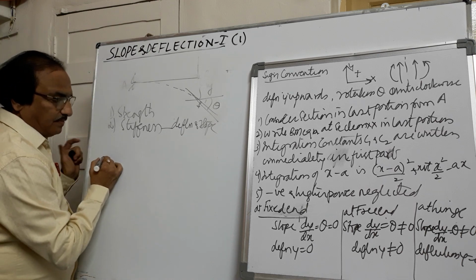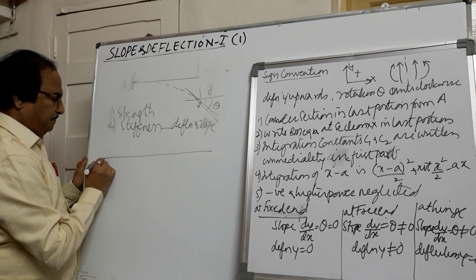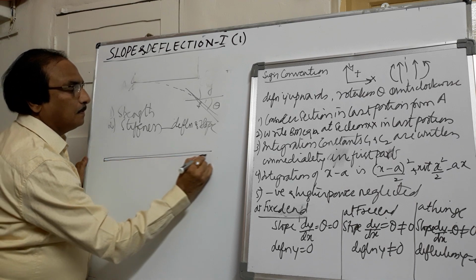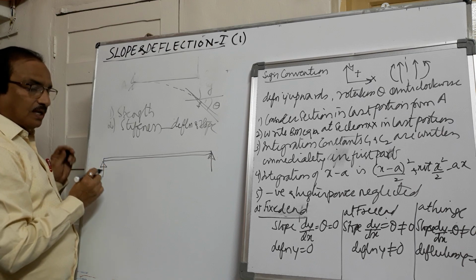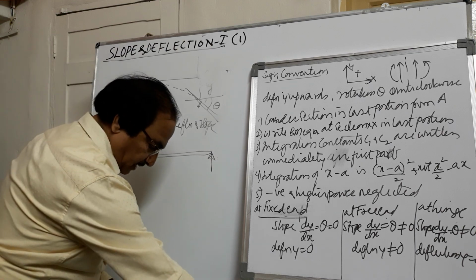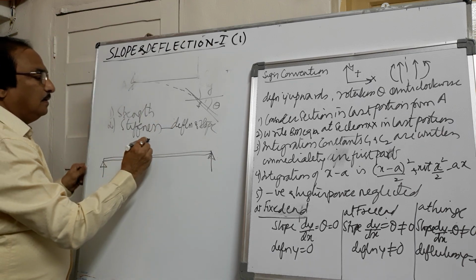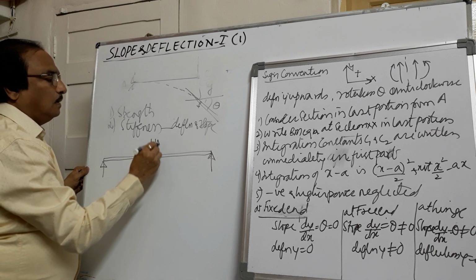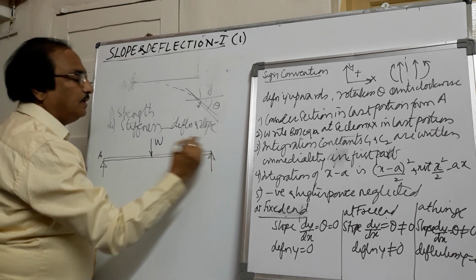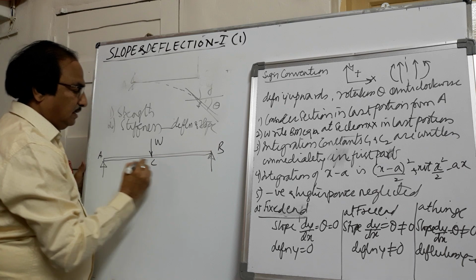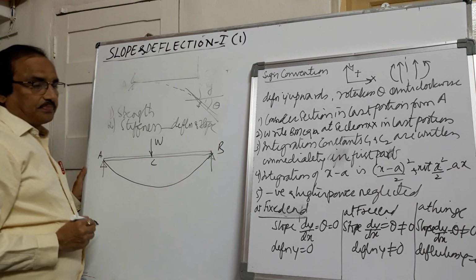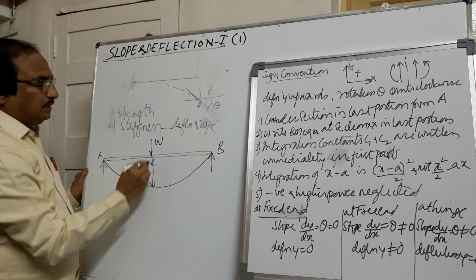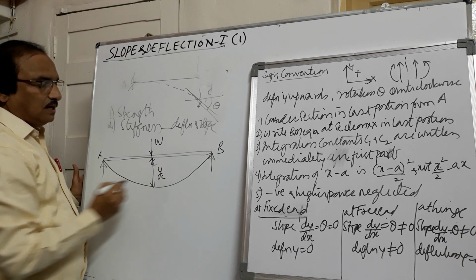Suppose I take a beam and simply support it at the ends, and this beam is carrying a load, with points A, B and C. This beam will deflect like this. At C there is a deflection which we call as YC.